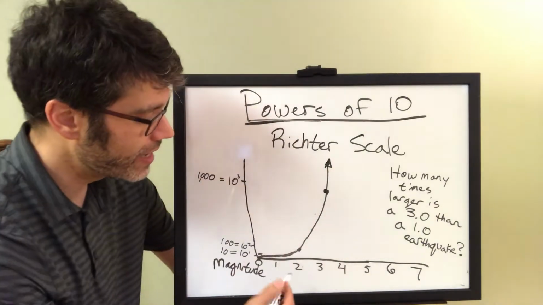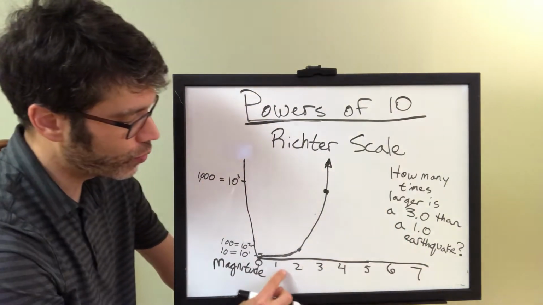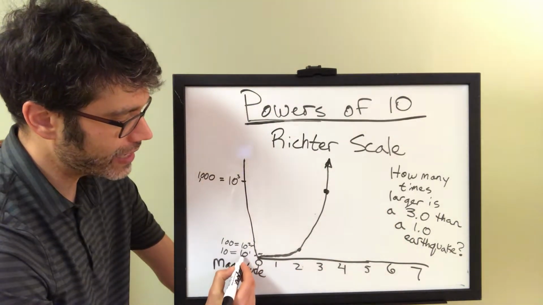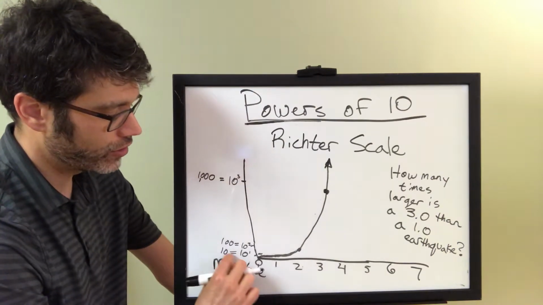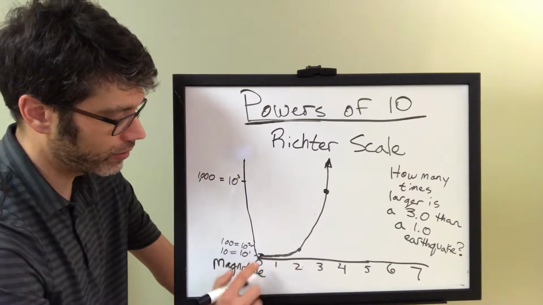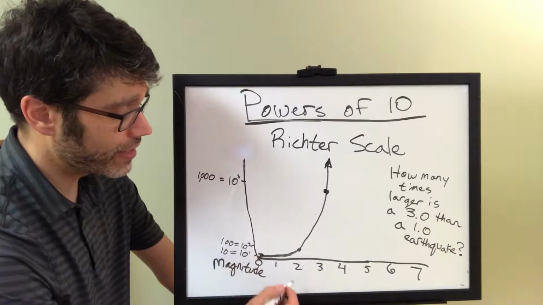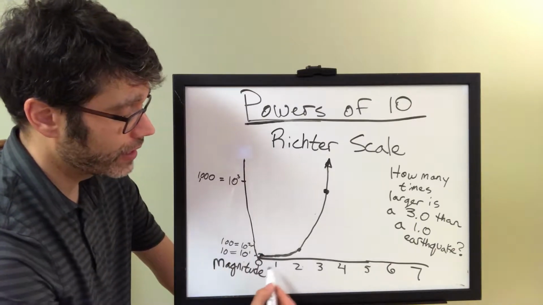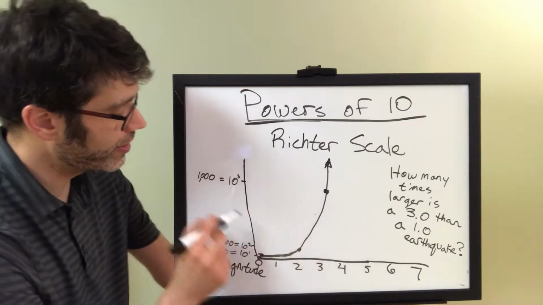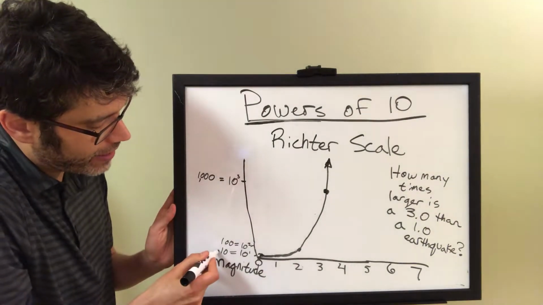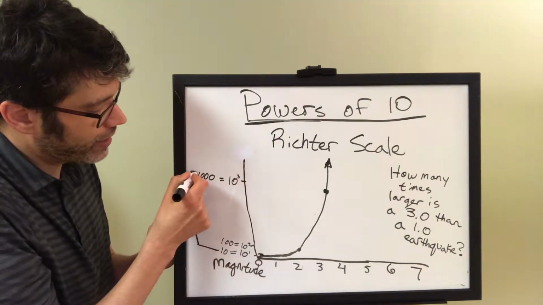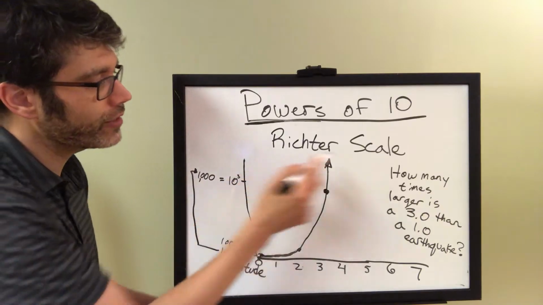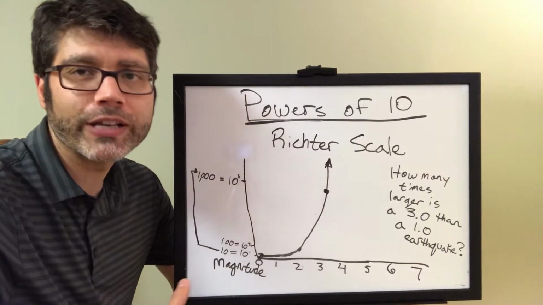So in fact, if our magnitude 1 is at a 10 to the first in terms of its power, and then we move up from 10 to the first to 10 to the third, we go from 10 to 1,000, all right? So the Richter scale is comparing earthquakes to each other.